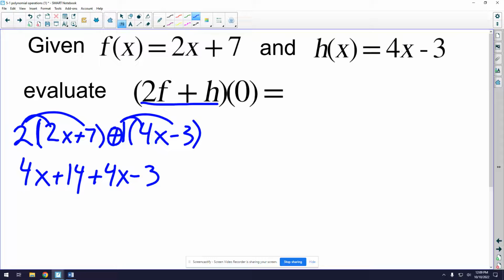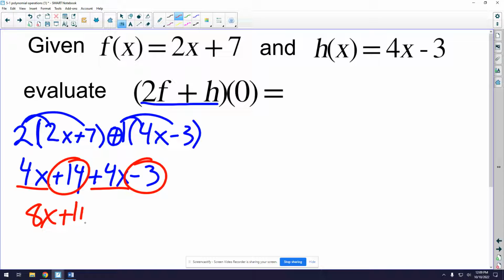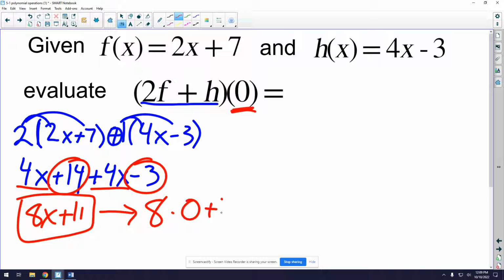We're adding, so we don't FOIL. Then you can combine like terms. 4 and 4 gives you 8x. 14 minus 3 is 11. Now use this and plug in 0. So 8 times 0 plus 11 is 11. That's your final answer.